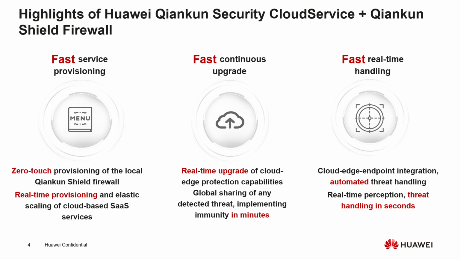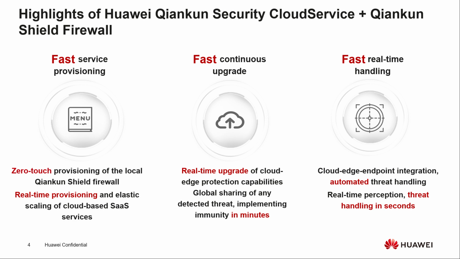And for the fast continuous upgrade, it means the cloud service can detect the network-wide threats through the global sharing of the global intelligence and signature database. And for the real-time handling, it means the cloud edge endpoint integration architecture enables automatic threat handling within seconds.